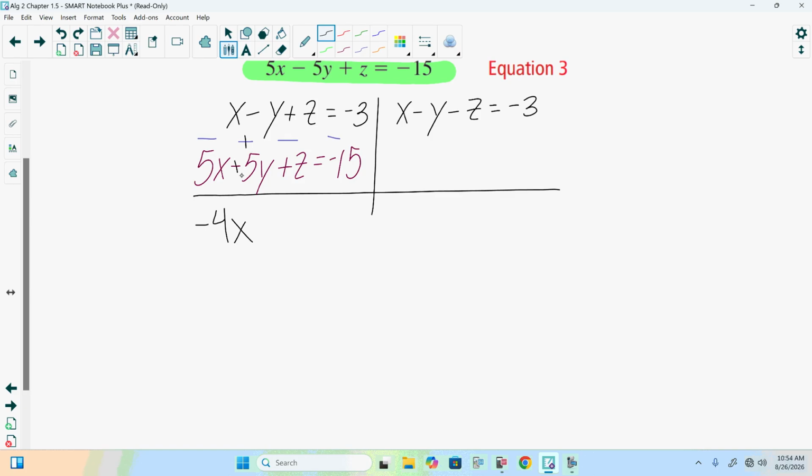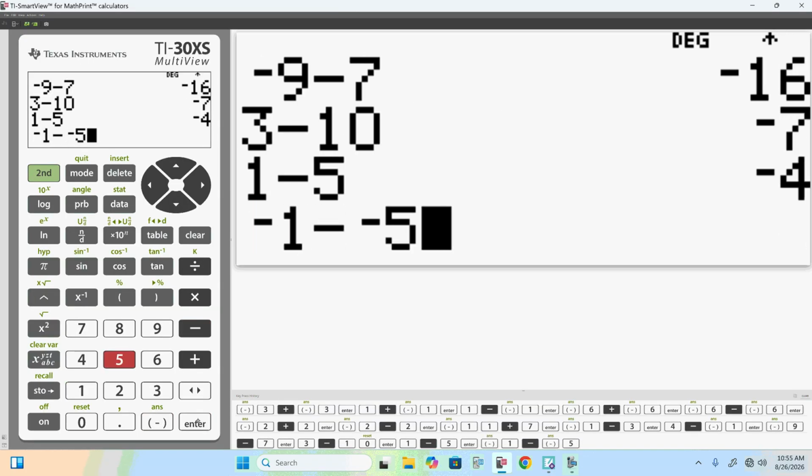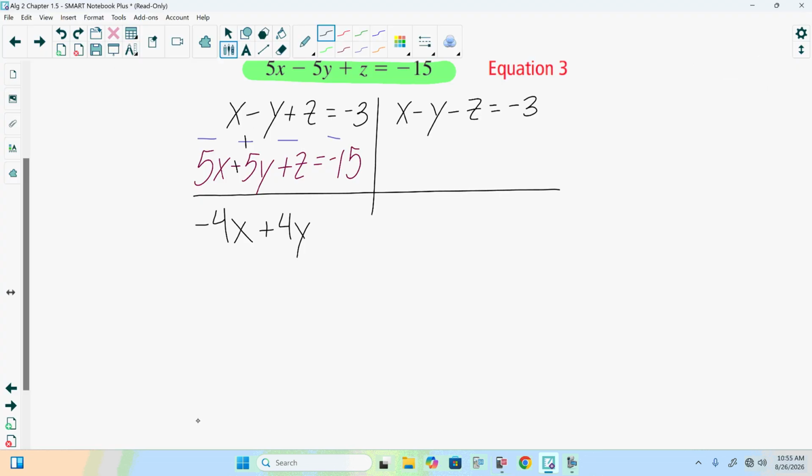So we have negative y plus 5y. 5y minus y would give us positive 4y. Negative 1 minus negative 5, positive 4. z minus z, as we said, 1 minus 1 is still 0. It cancels out just like we wanted.